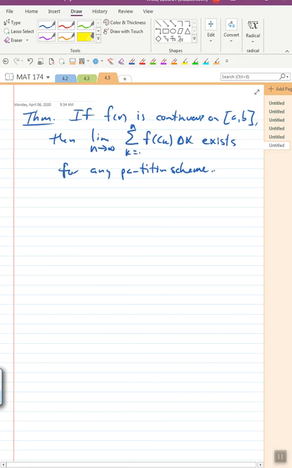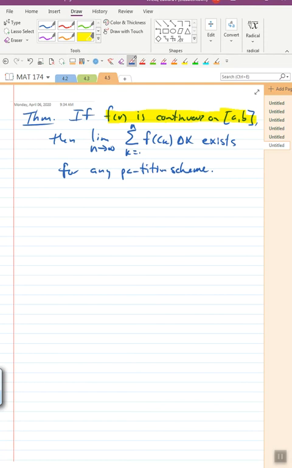And really what's hidden behind that is I'm implying that the upper sum and the lower sum exist, and this limit of the Riemann sum is in between them and it exists. In other words, what is the only sufficient condition you need to make sure we can actually do this limit idea that we're talking about? The function need only be continuous on that interval.